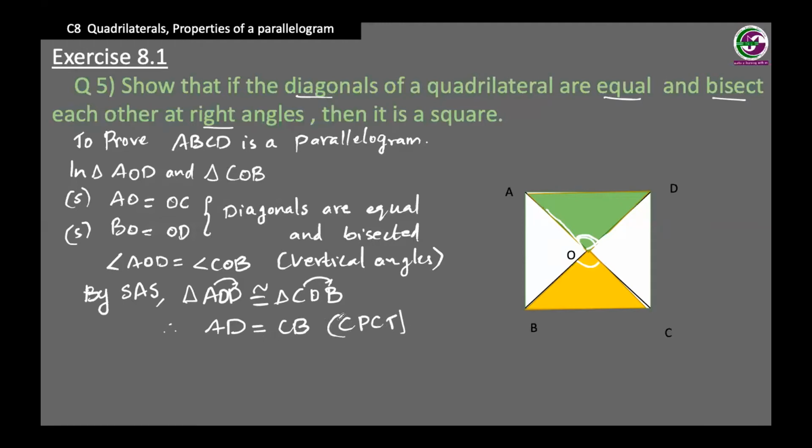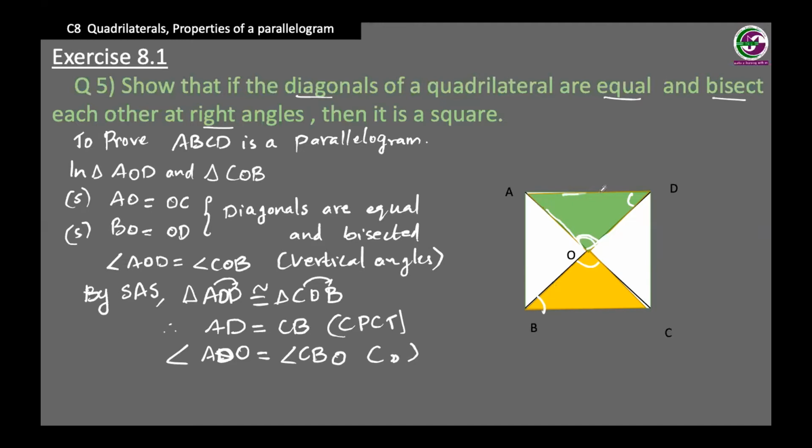And another part that we get equal is angle ADO is equal to angle CBO. This angle is equal to this angle, corresponding parts of congruent triangles.